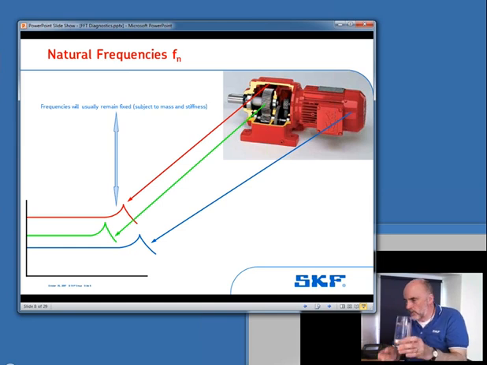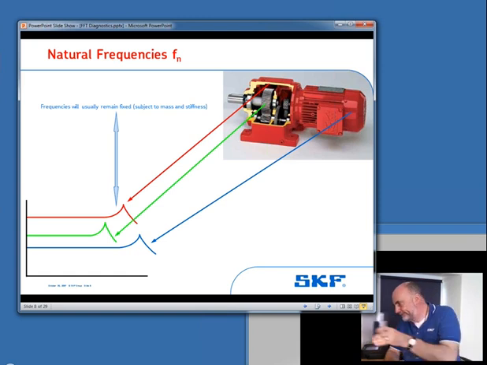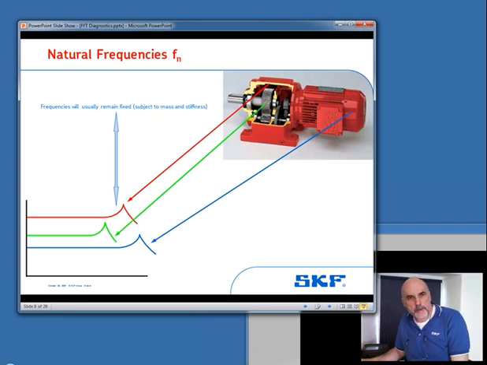So here I've got a glass of water with a natural frequency. I've just changed its mass by drinking some of the water. So I've changed its mass, I've changed the frequency. That's the only time, 99.9% of the time, that those frequencies change. And we can use that to our advantage when we are doing our diagnostics.